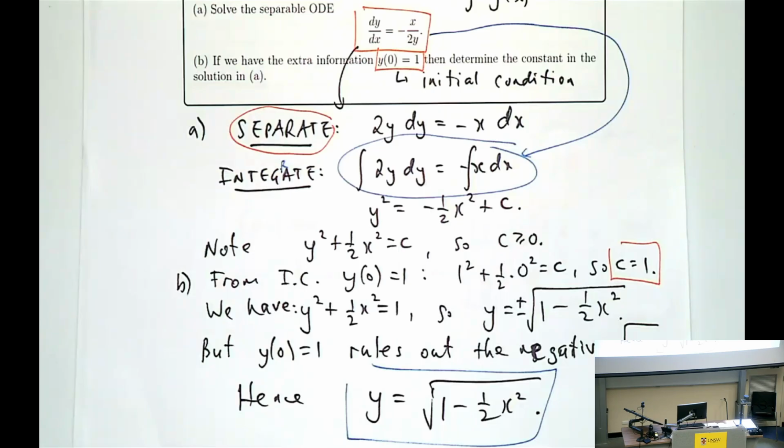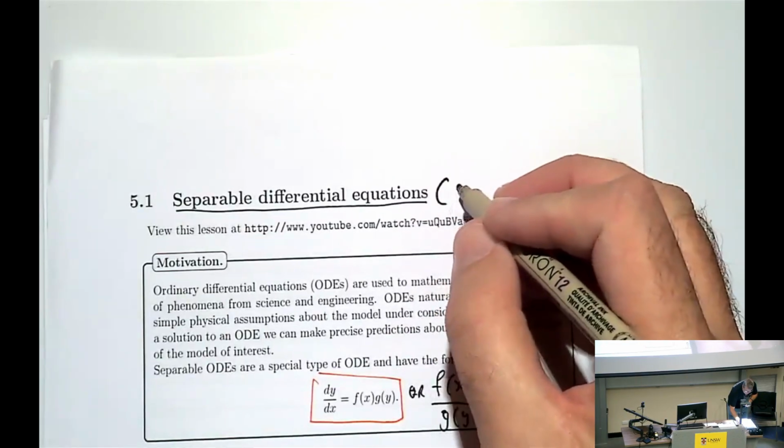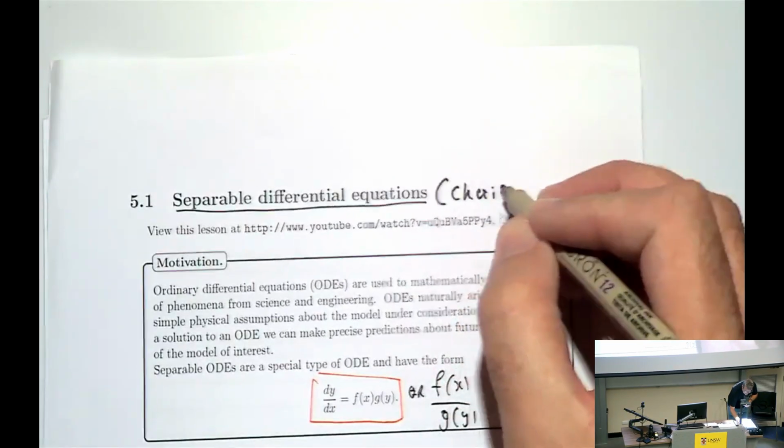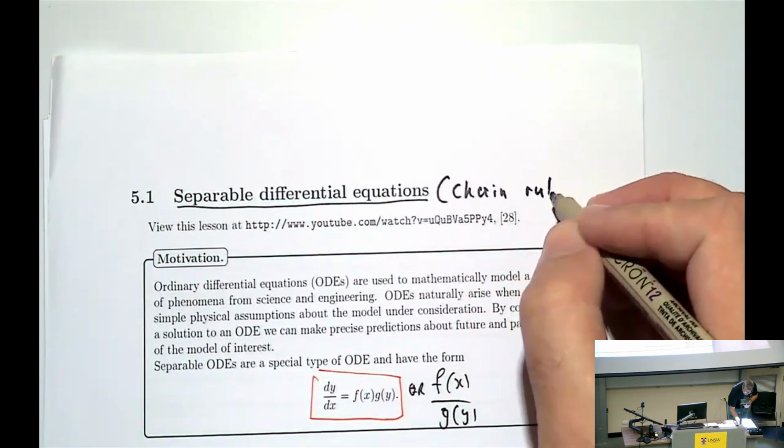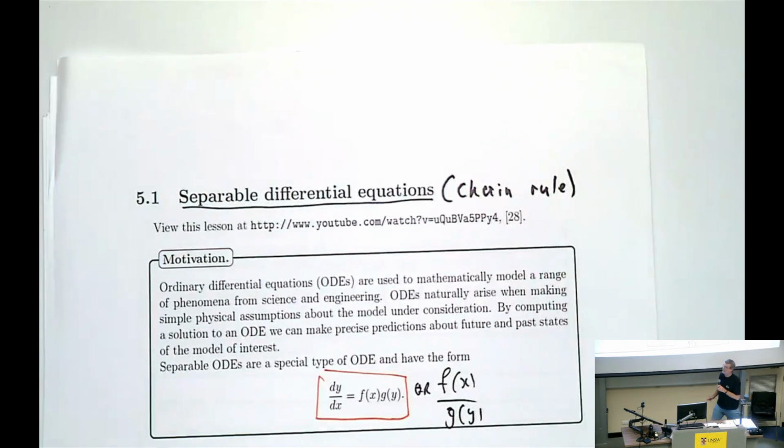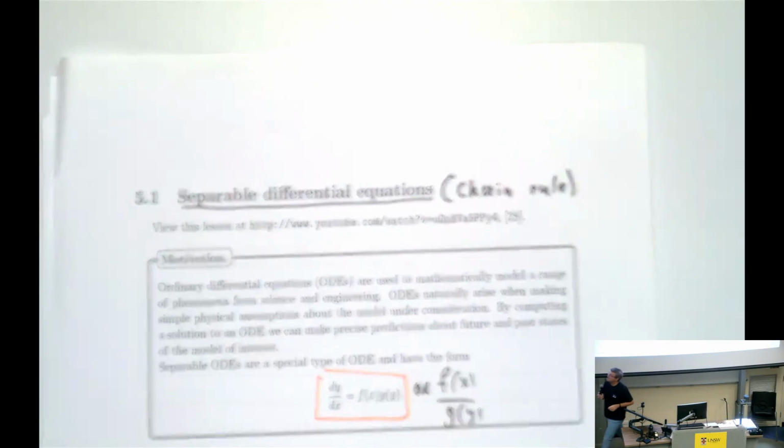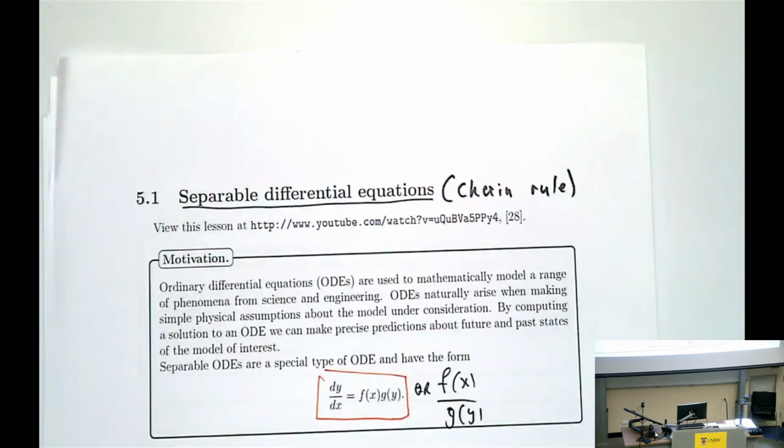I actually think separable differential equations are the most accessible, the entry-level starting point. The main idea here, the reason why it works, is actually the chain rule for differentiation. If you wanted to more formally understand why you can pull these things apart and integrate, it's actually the chain rule at work under the hood.